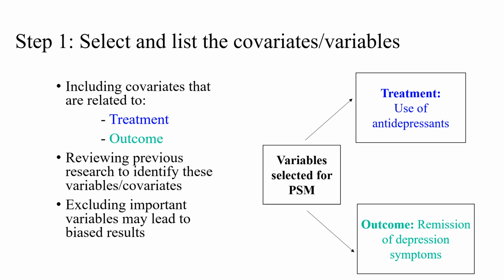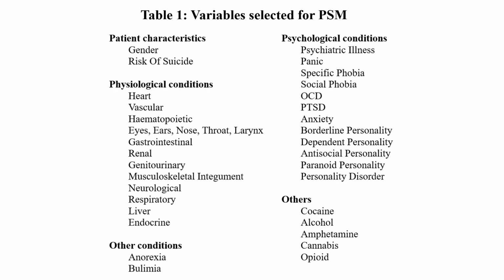And just to remind you, our main goal is to make the two treatment groups comparable with respect to all possible observed variables and confounders. If we exclude any important variables or covariates, it may add bias in our matching. This is our list. We are considering more than 30 variables as covariates before matching.